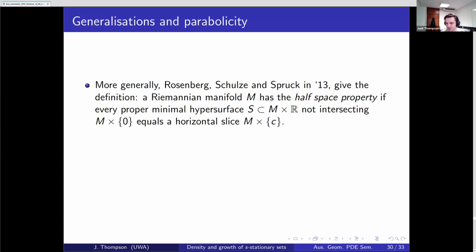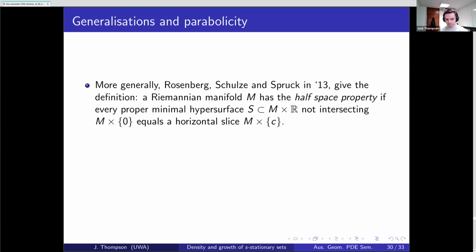Now, this was generalized by Rosenberg, Schulze, and Spruck in 2013 to more general manifolds. So if we consider a Riemannian manifold M, we say it has the half space property if every proper minimal surface S in M times R, not intersecting M times 0, equals a horizontal slice M times C. So it's the same setup as Hoffman and Meeks.